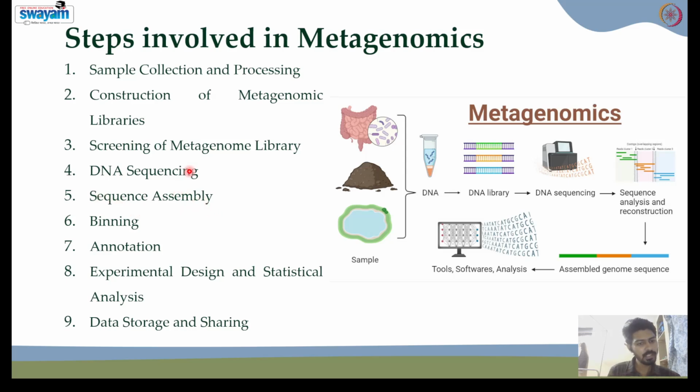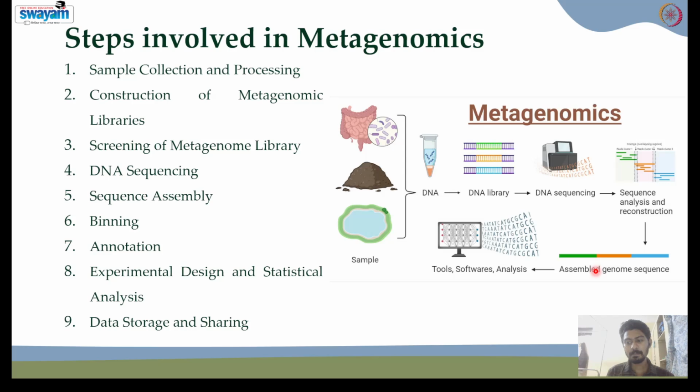Once we have sequenced it, we will try to assemble, because these are bits of DNA waiting to be assembled. We assemble this DNA and reconstruct it. We have a short sequence and we assemble it to get a longer sequence. The need for a longer sequence is that it provides more information and better accuracy.